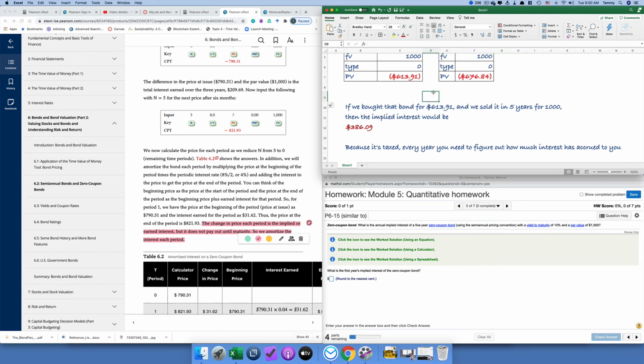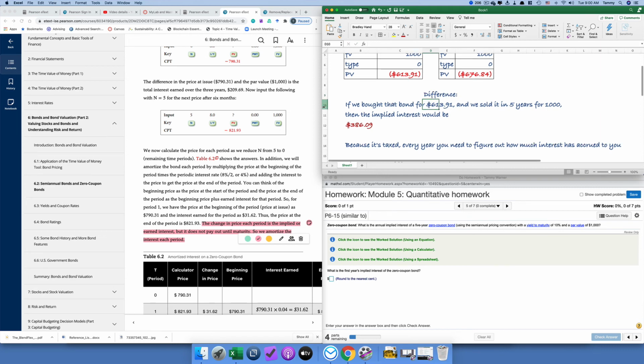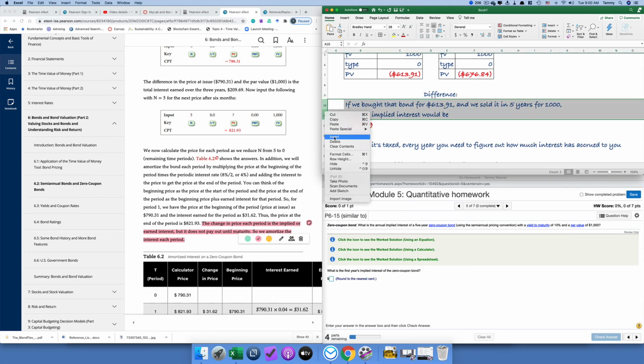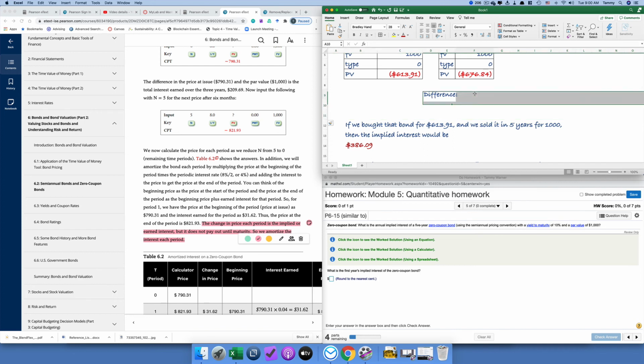So the difference, let's add a line in here. So the difference is, not sure how the signs are going to work, $62.93. Right.